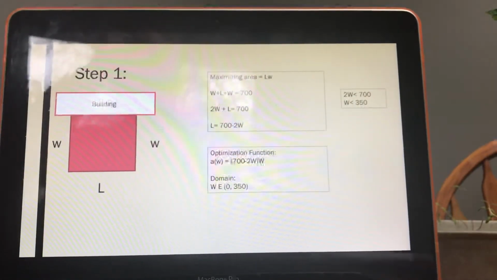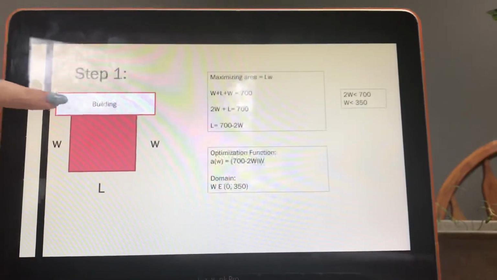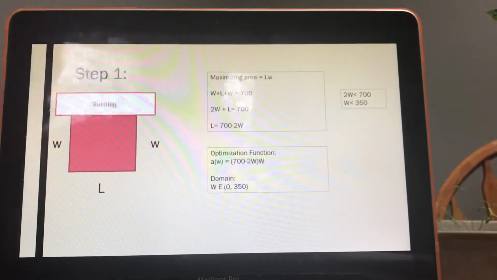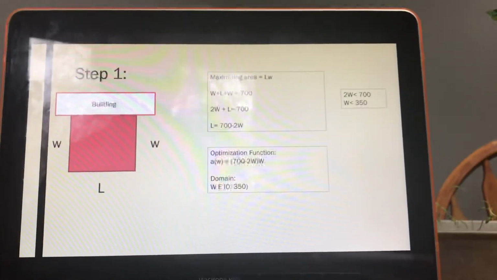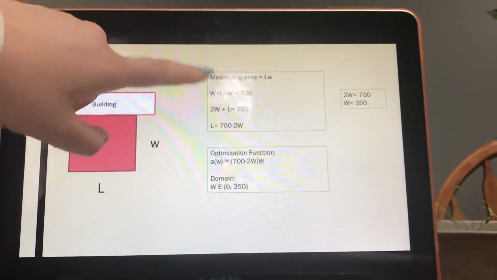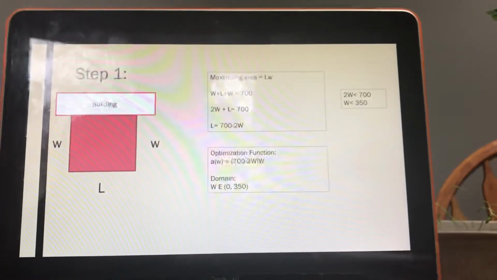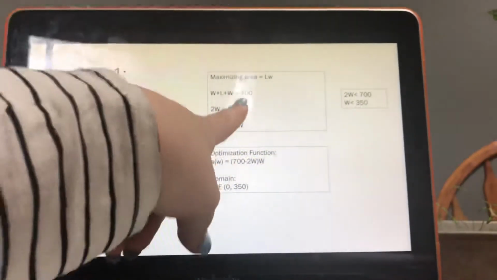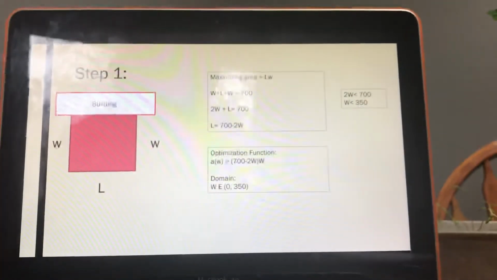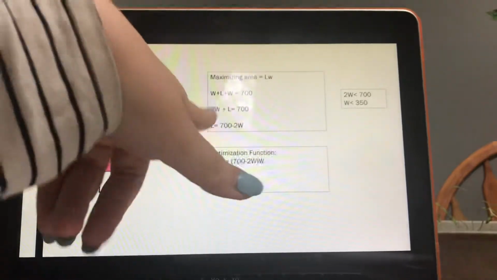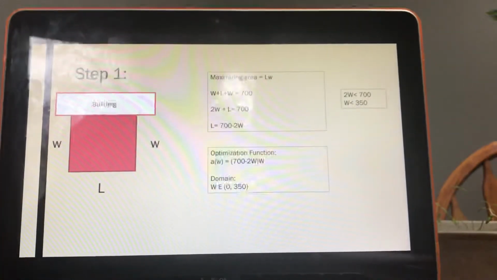So, step 1, I drew the neighbor's building. So this is the side that's already fenced. We don't have to worry about that side. So we have these 3 sides we need to worry about. So that's the first thing I did, was draw my picture. So the maximizing area is length times width. Width plus length plus width equals 700. So that gives us 2w plus length equals 700. So we flip it around, we've got length equals 700 minus 2w.